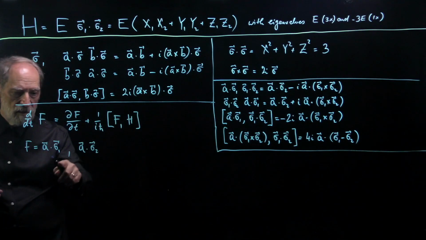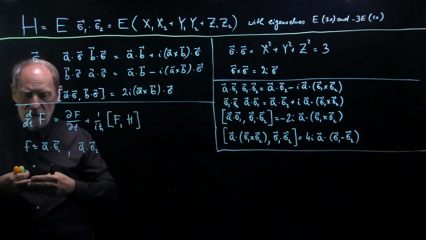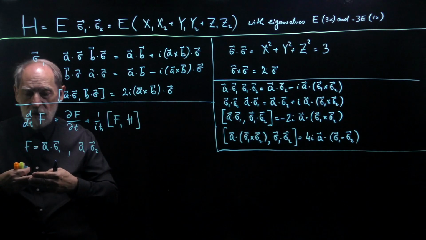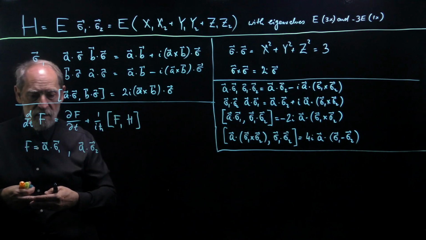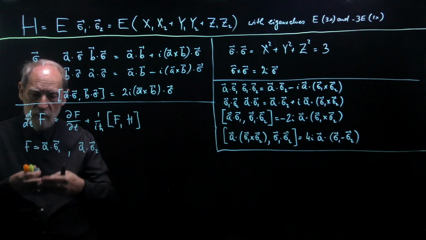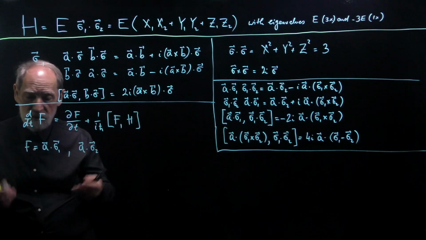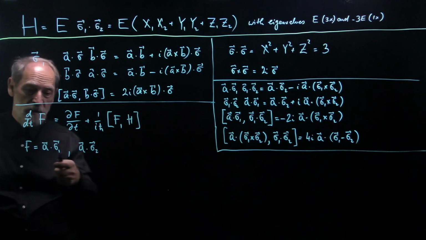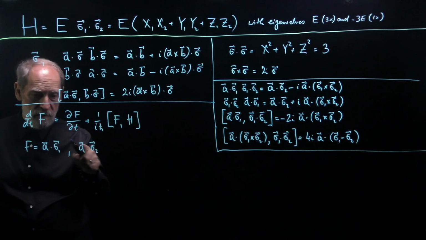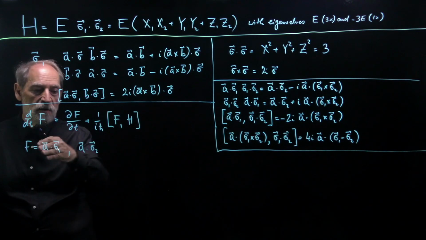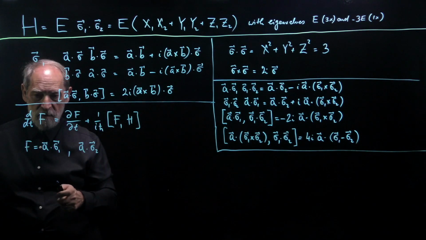So a is a numerical vector that we can choose any way we like. We can choose it as the unit vector in the x direction, y direction, z direction, or some other direction. It doesn't really matter. So it's an arbitrary vector which will not be important, but it will just help us to set up the equations.